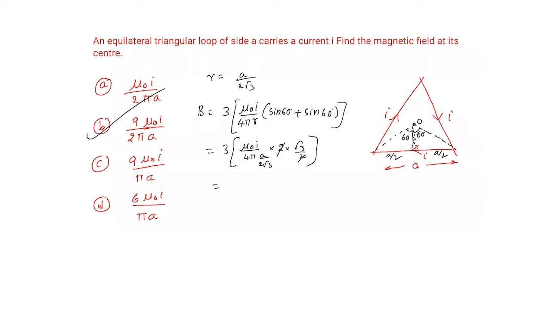Root 3 into root 3 becomes 3, 3 into 2 becomes 6, so 6 divided by 4 pi A. Then 3 times that equals 9 mu naught I by 2 pi A. This is the magnetic field. Copy that, children.